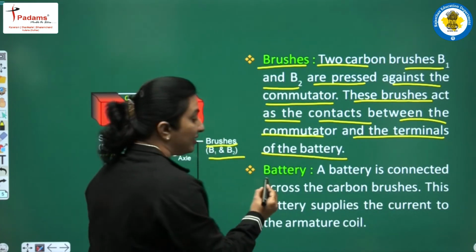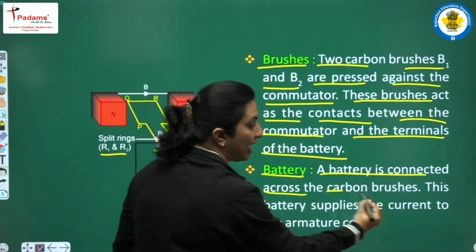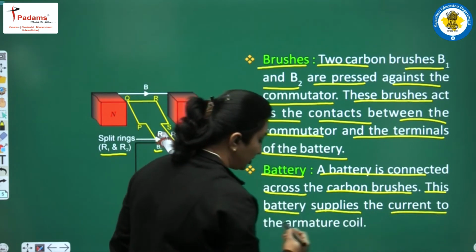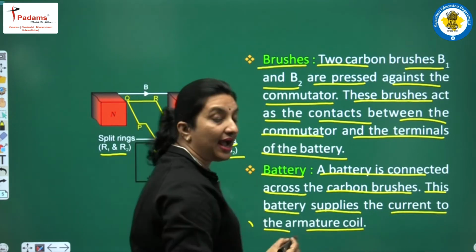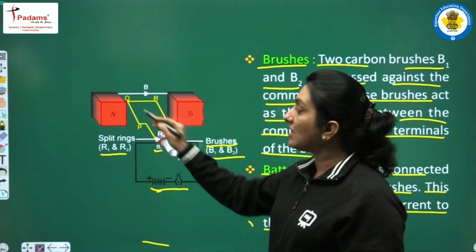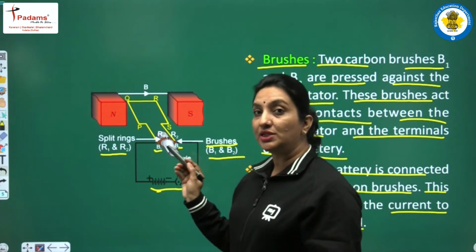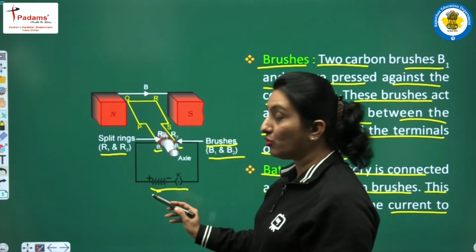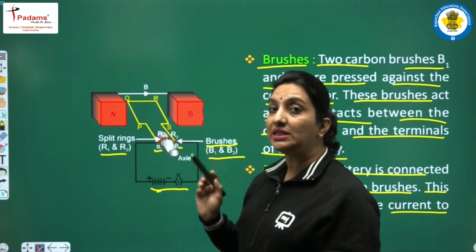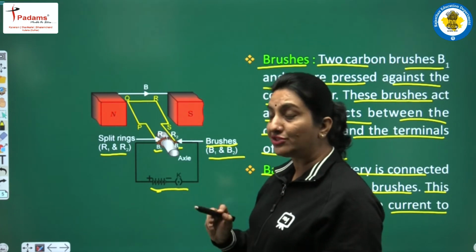Then, students, we have a battery. A battery is connected across the carbon brushes. This battery supplies the current to the armature coil. So here we have understood the various parts of an electric motor: PQRS, a rectangular insulated copper wire, which is known as the armature of the electric motor.